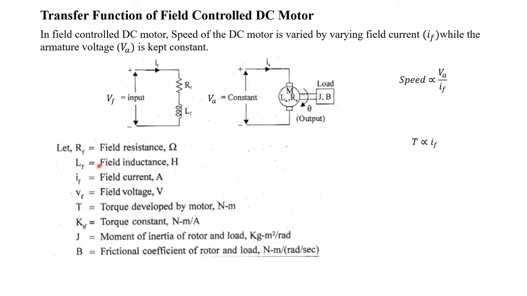RF is the field resistor, LF is the field inductor, IF is the field current, VF is the field voltage, T is the torque developed by the motor, and the torque constant is represented by KTF. To differentiate this from the previous armature control DC motor, we are representing the torque constant as KTF. Now this mechanical load has the moment of inertia J and also the frictional coefficient B.